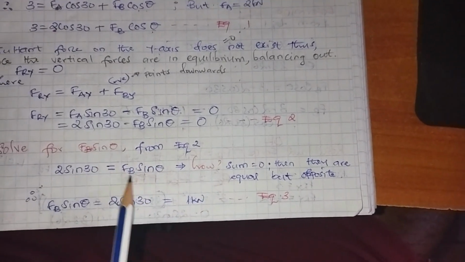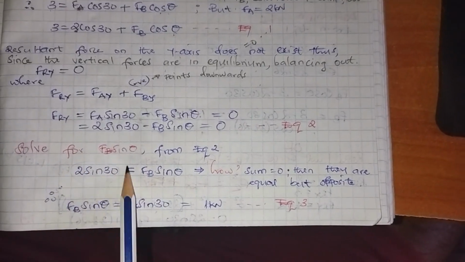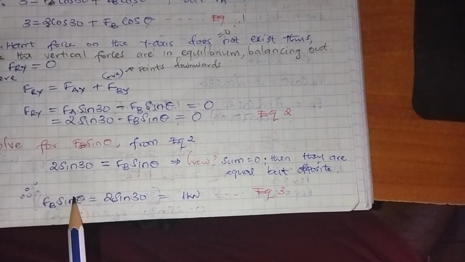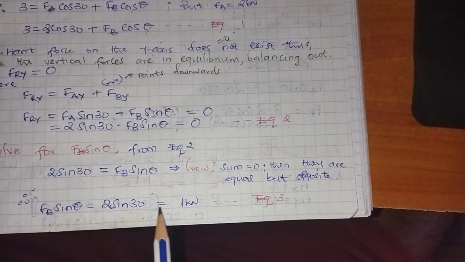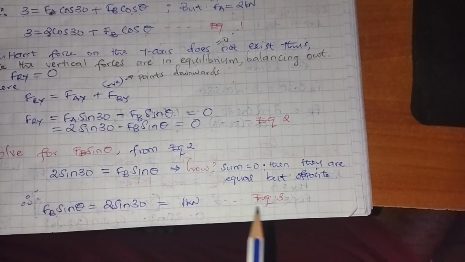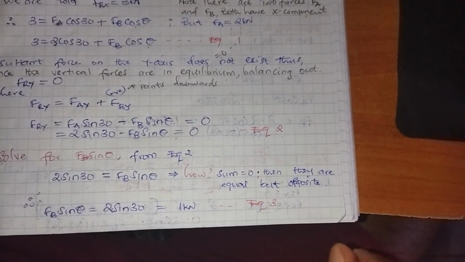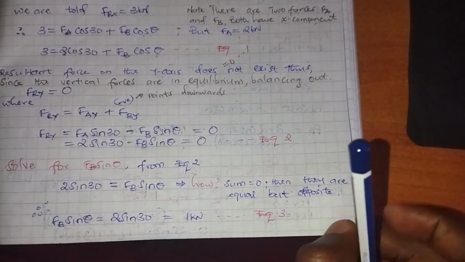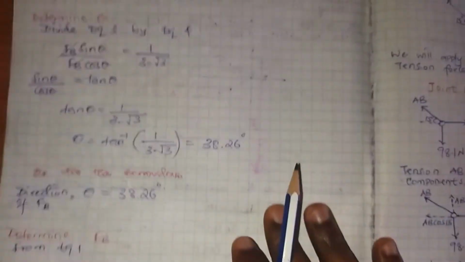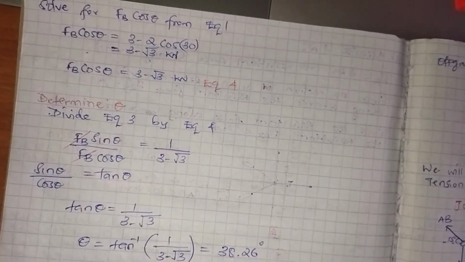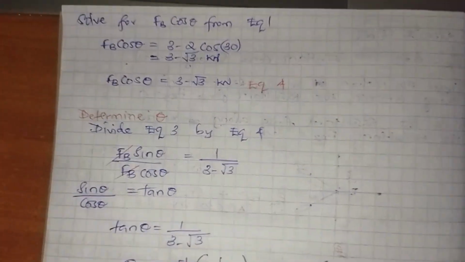Assuming we are working with this one, we say that the value is given by this: FB sine theta, the whole of this, is 1 kilonewton. We call that equation 3, because you cannot work with two unknowns. You cannot solve that. So now moving on to using what we have to get what we don't have.